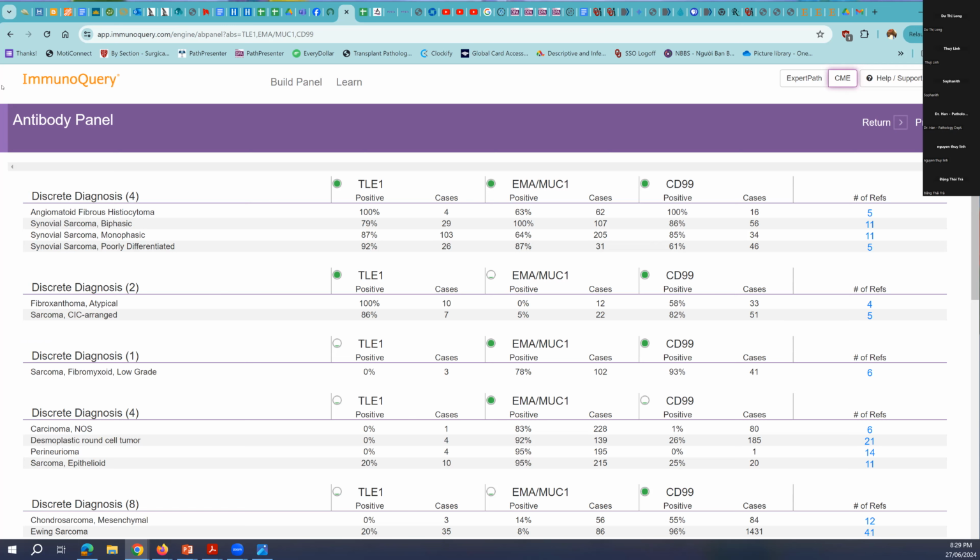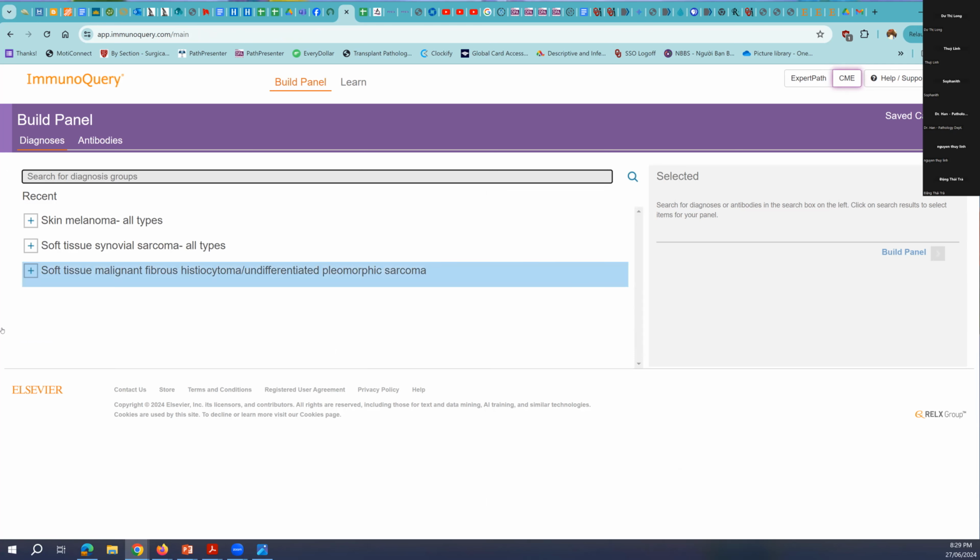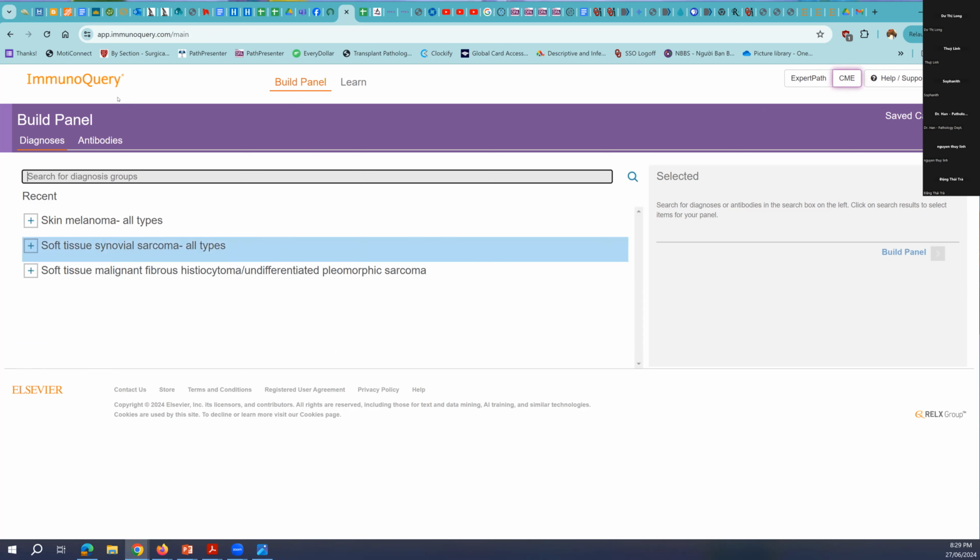Now, I should say that ImmunoQuery is a service that was developed by a private pathologist. And then he sold it to Elsevier, or actually he sold it to another company which sold it to Elsevier. At the time the developing pathologist sold this algorithm, he had offered it without charge to anyone.